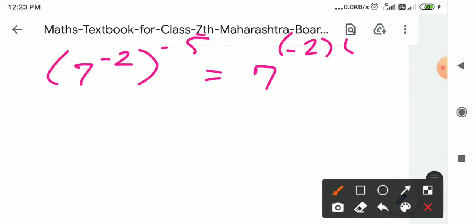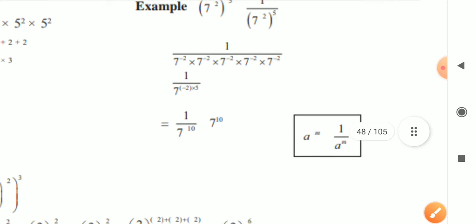Minus 2 into minus 5, so here it is 7 raised to 10. So the answer will get a positive sign, plus, because here we have to follow the multiplication rule of signs. So the answer is positive. In this way, in short also you can solve this example. Okay. Now let us move towards the next example.